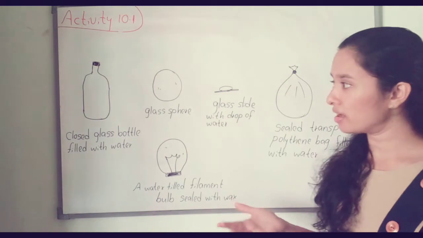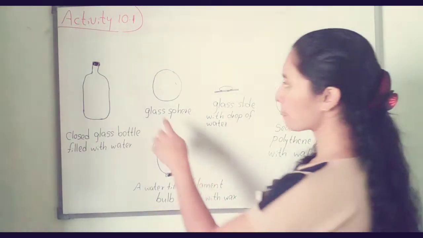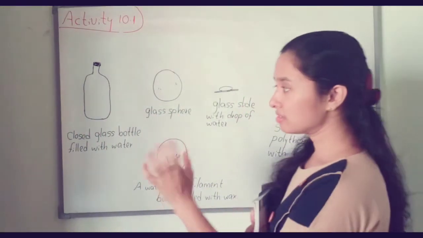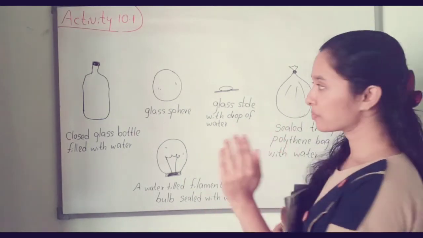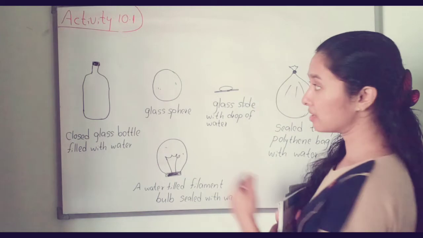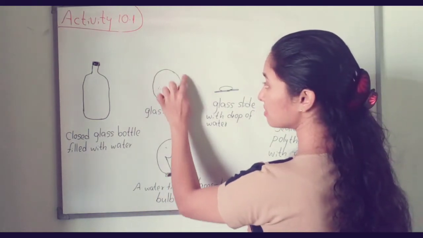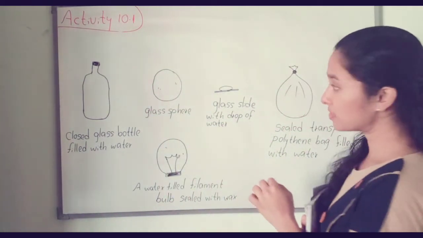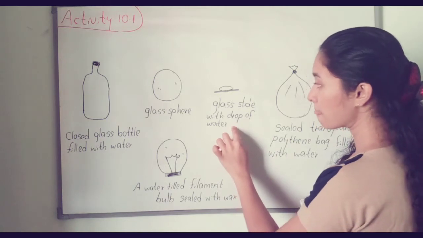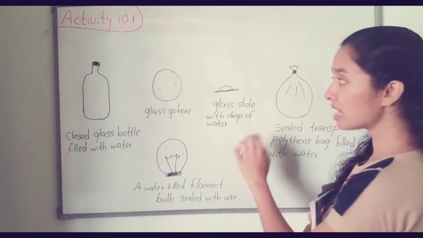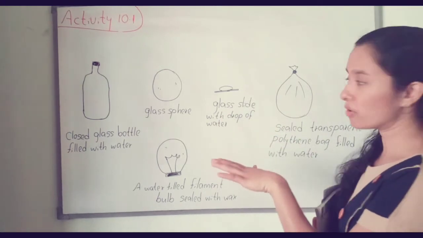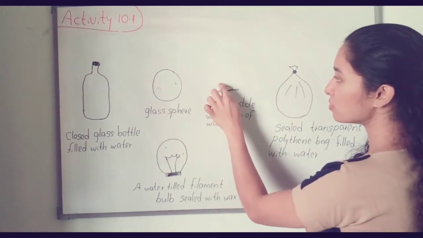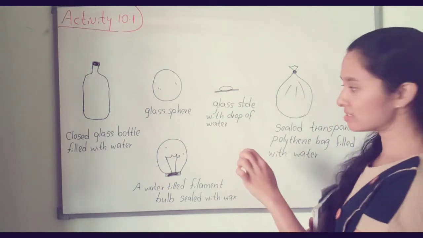What is another one? See the bottle. When we take a glass bottle, it has a curved surface. Here, the glass sphere also has a curved surface. Here, we have taken a glass slide, but we have put a drop of water, so it also has a curved surface.